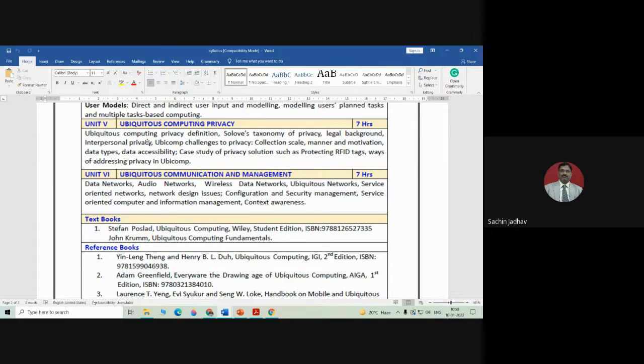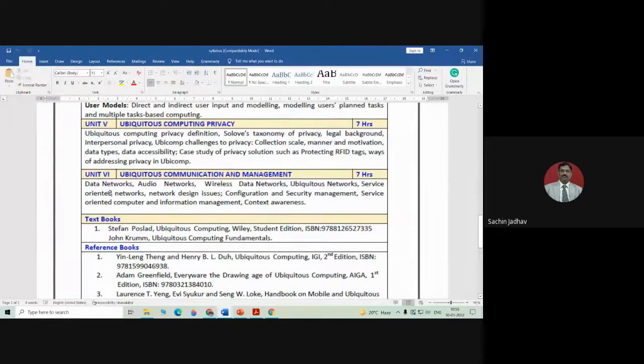So all our systems must be context aware, right? So this is what we require to maintain by the systems automatically or through some agreement, a service level agreement. So the SLA has to be maintained, right? And according to that, it will be provided. So this is what we will discuss in detail, communication and management systems, in unit number 6.